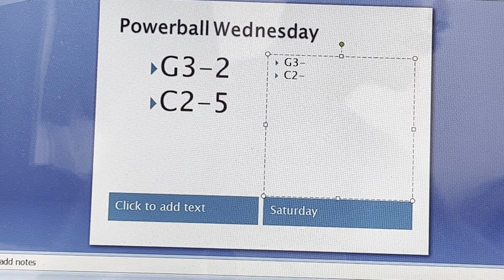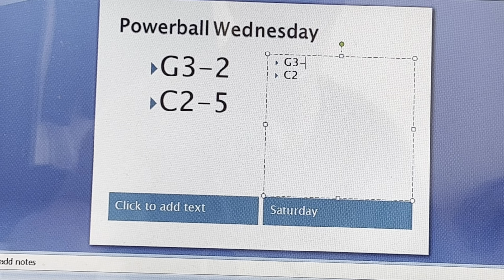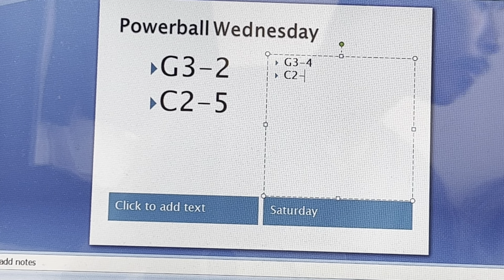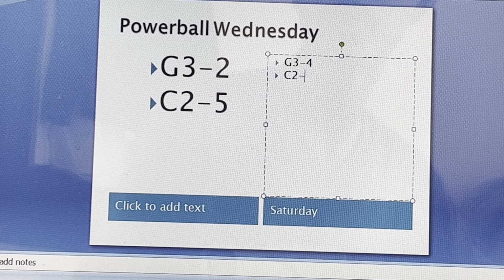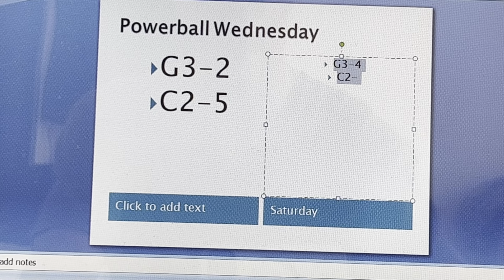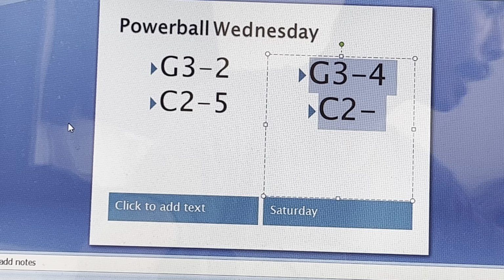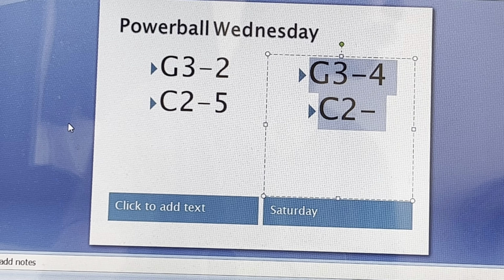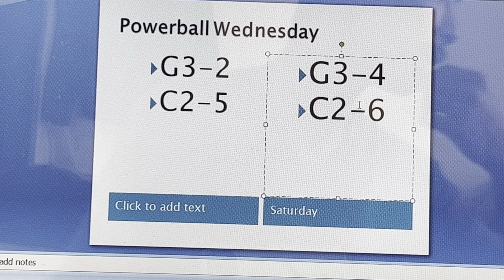So if you look at G3, I have 4. And C2, let's cross the star. I have 6. C2, I have 6 right there.